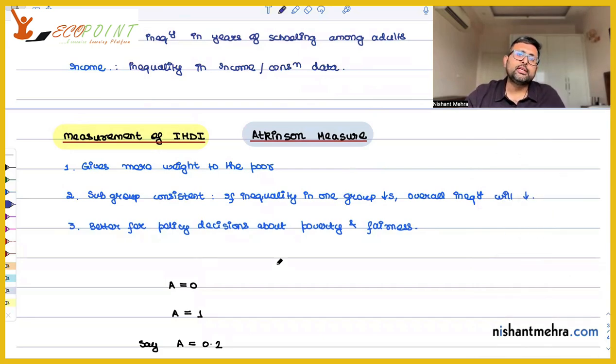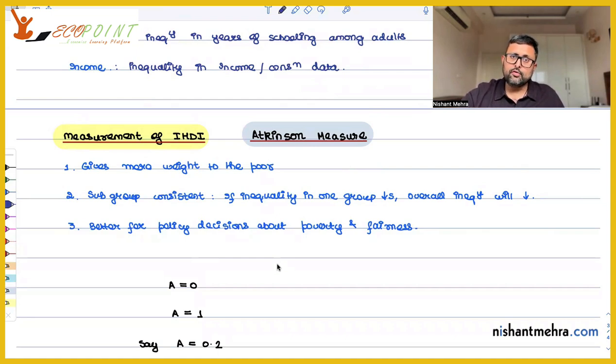Then how do you measure inequality adjusted HDI? For this, you take up Atkinson's measure. What is the advantage of using Atkinson's measure? One, it gives more weight to the poor. You are doing all this so that government can find out where it has to use its policies to help poor people and reduce inequality.